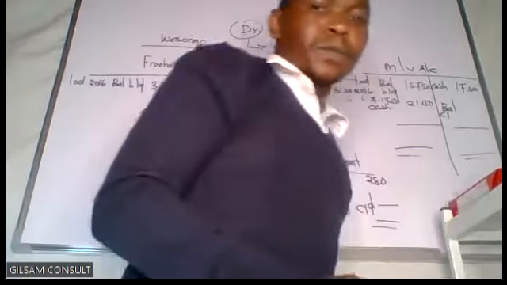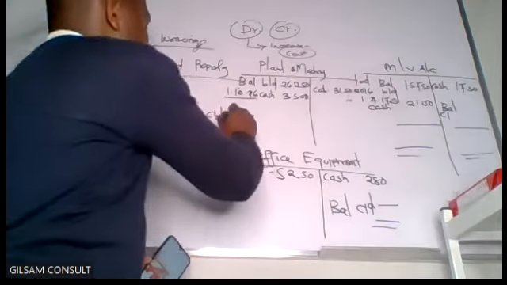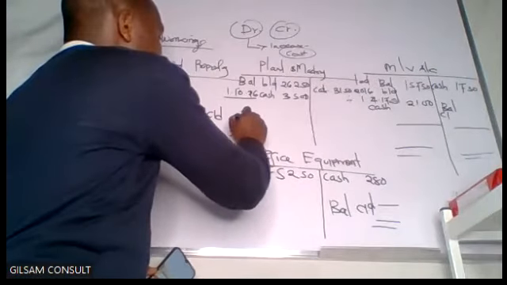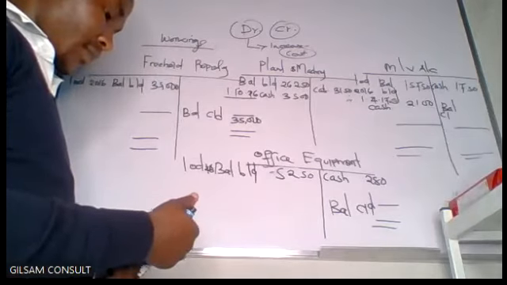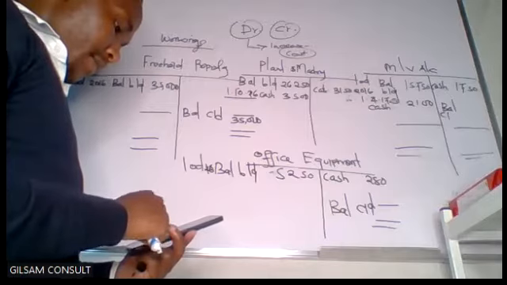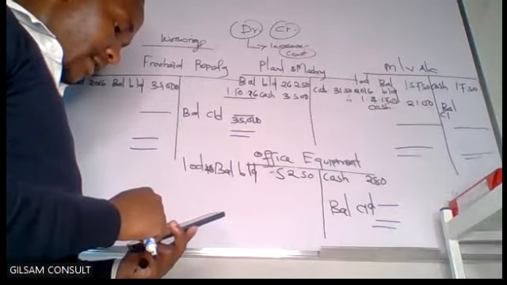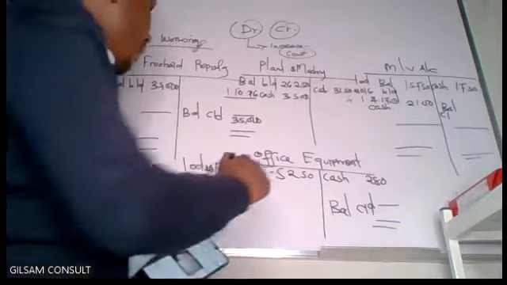For freehold property, we have 35,000. Plant and machinery, we have 26,600.